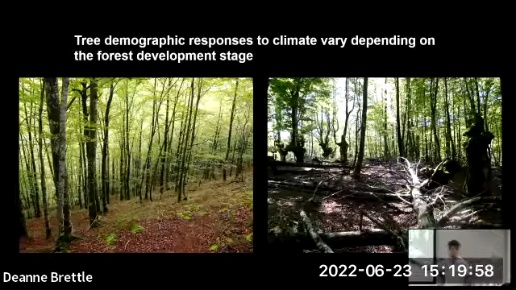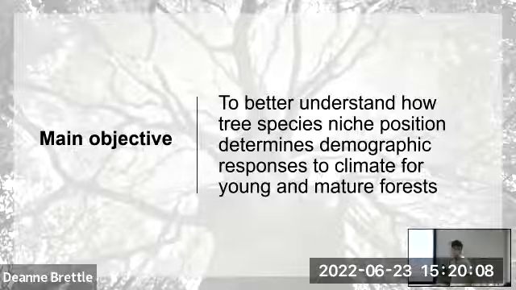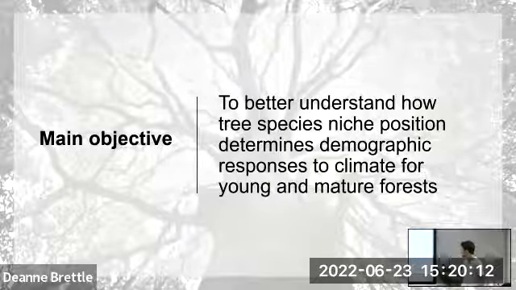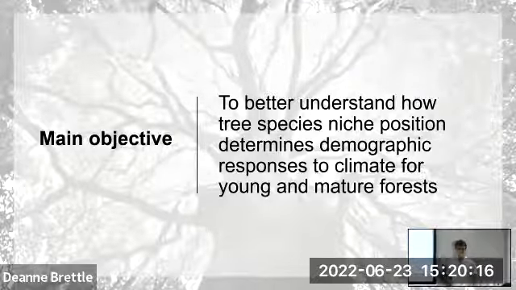The left one is a young forest and the right one is an old growth forest. So there might be some kind of interaction between climate and forest development, and we try to consider this variable too. Our objective was to better understand how tree species niche position, or climatic affiliation, determines demographic responses to climate for young and mature forests.